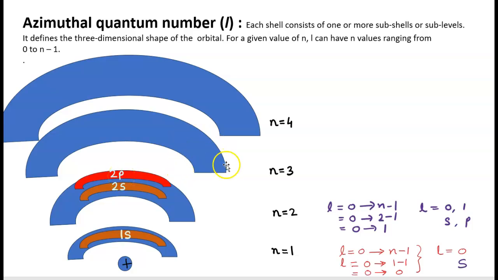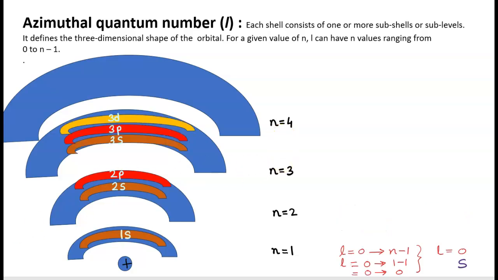In the same way it goes on for n is equal to 3 and n is equal to 4. So for n is equal to 3, L value here will be equal to 0 to n minus 1. That is L will be equal to 0 to 3 minus 1, where the principal quantum number is 3.